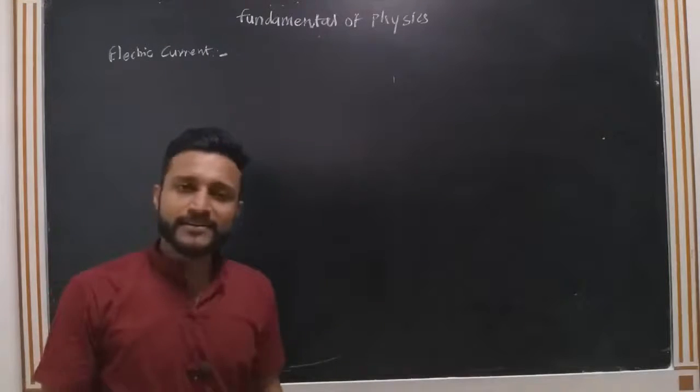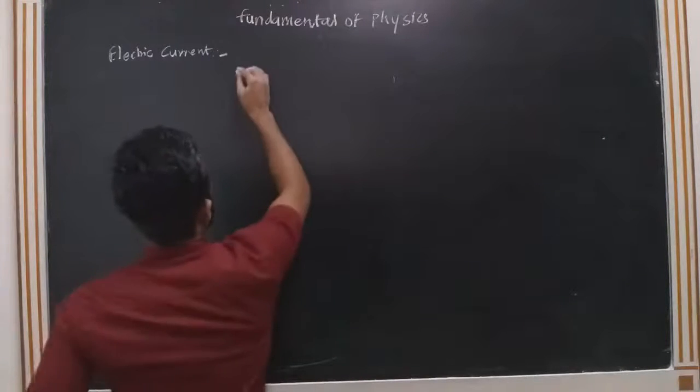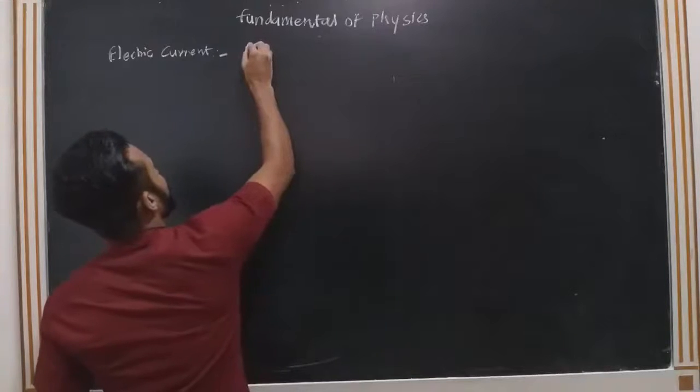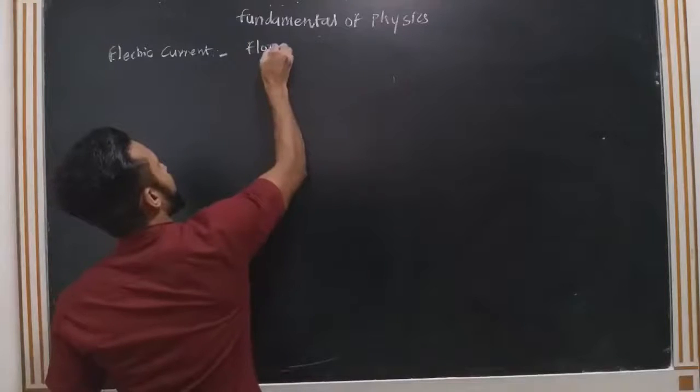So what is electric current? As we are all familiar, electric current is the motion of charged particles through matter, or we can say the flow of charge.